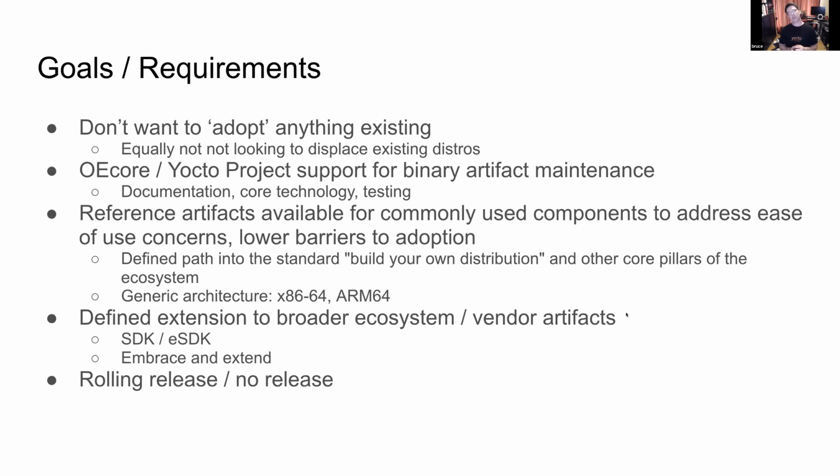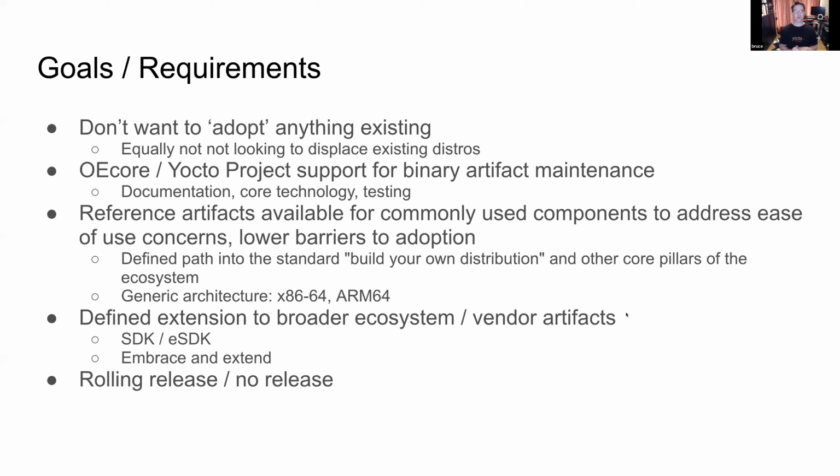Some of the goals and requirements that were set out early on in the meetings that we held: yes, we're aware of all the things that exist, what distros there are, what vendors have. We are aware of the existing things around this. So we really don't want to adopt anything existing, but we're equally not looking to displace anything that exists.